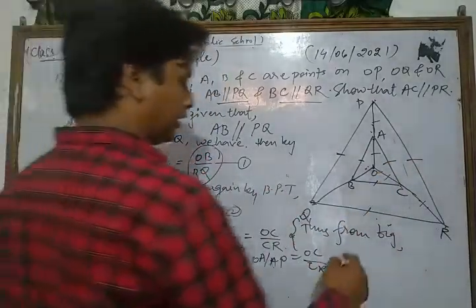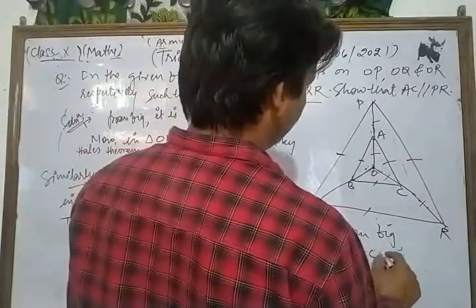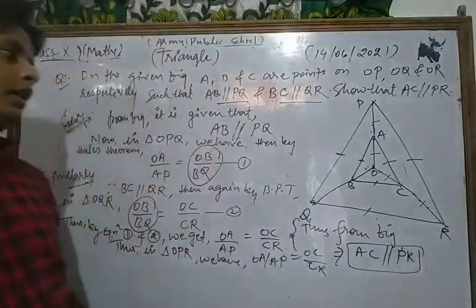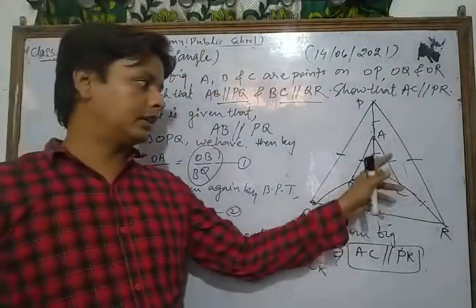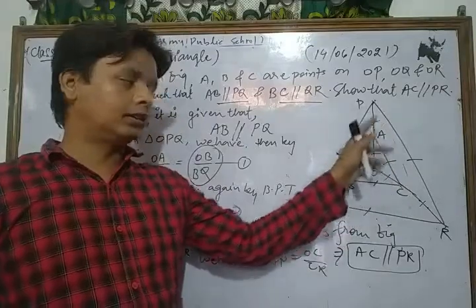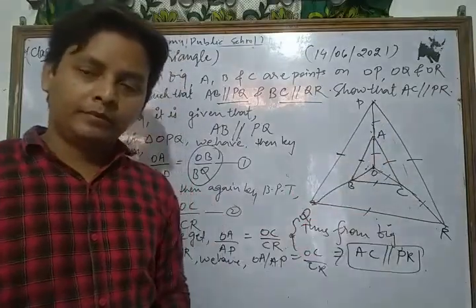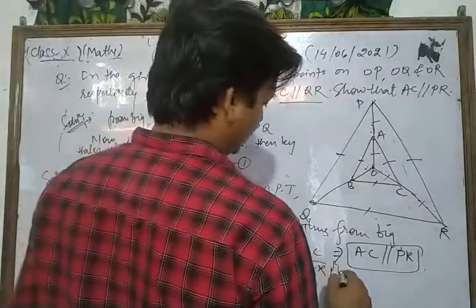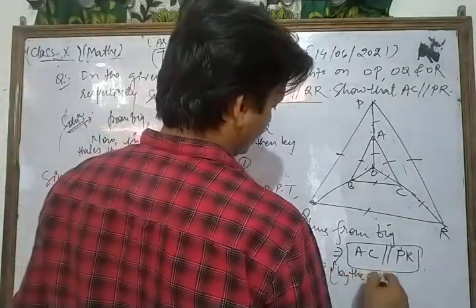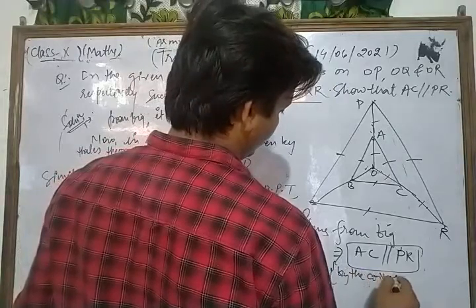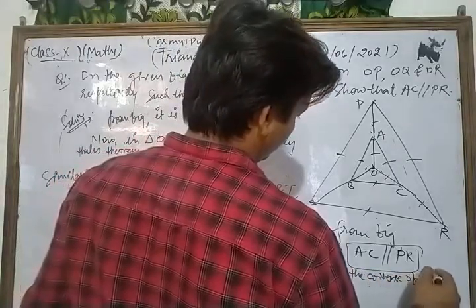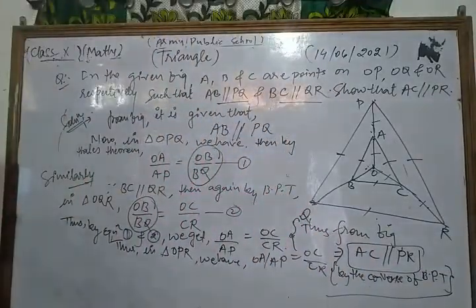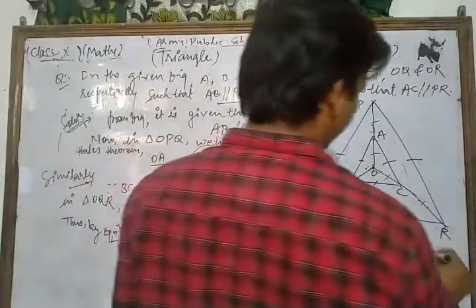So we can write AC parallel to PR, because the line segment divides the other two sides in the same ratio. By the converse of BPT, the basic proportionality theorem, we can say that AC is parallel to PR. Hence proved.